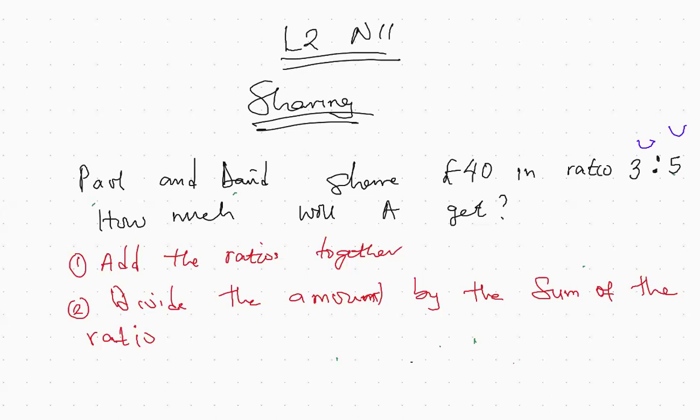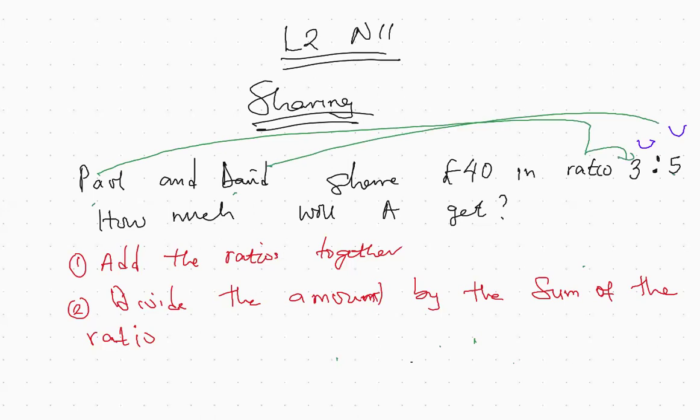That means that Paul will be ratio 3, David will be ratio 5. So how much does David actually get? Now the same thing too.